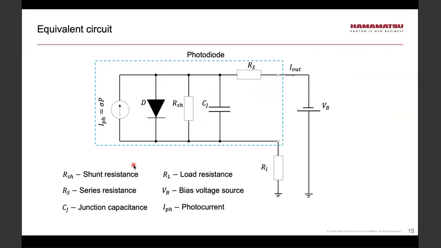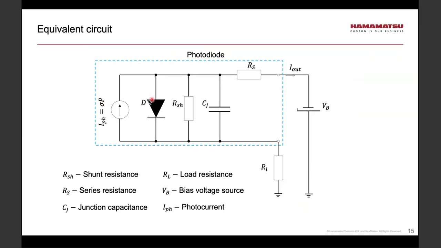Just like in case of a PMT, there is an equivalent circuit that one can utilize to understand the behavior of a photodiode. All the electrical components that you see in this rectangular blue region are the components depicting a photodiode. Thus, we have a current source, IPH, where the current is given by sigma times P, where sigma stands for spectral sensitivity of the photodiode, and P for incident power.